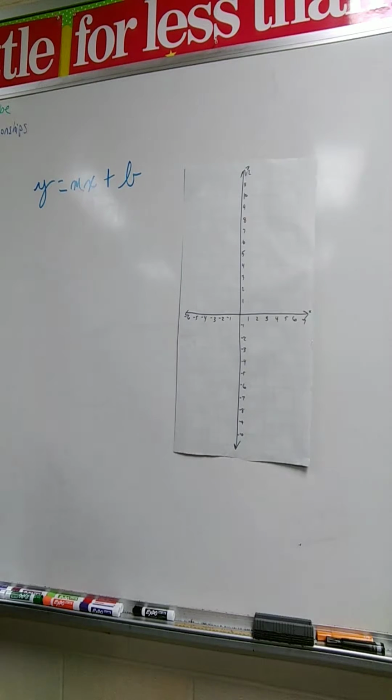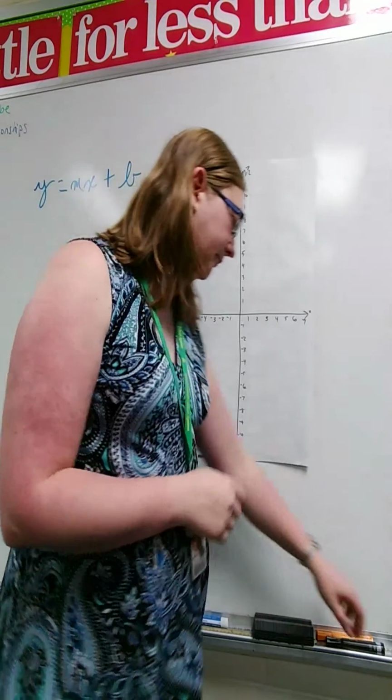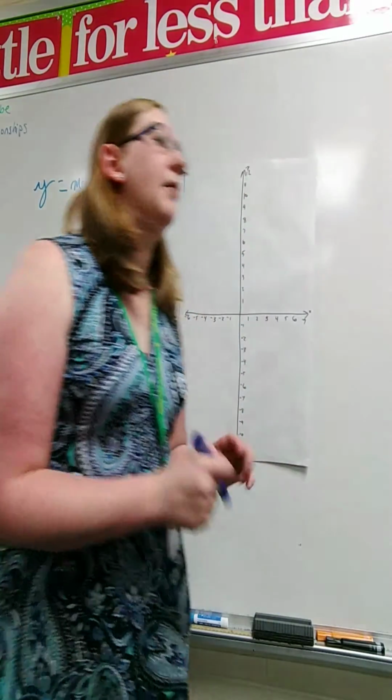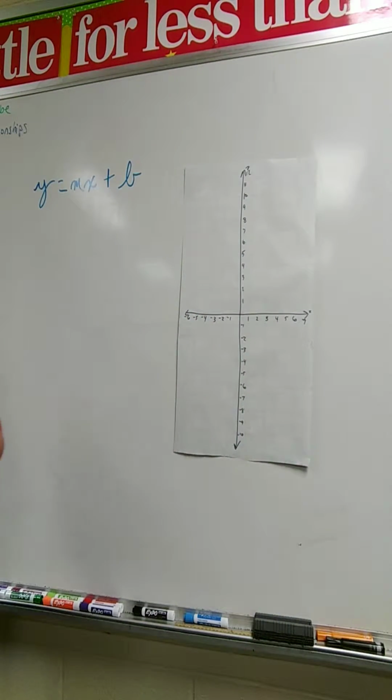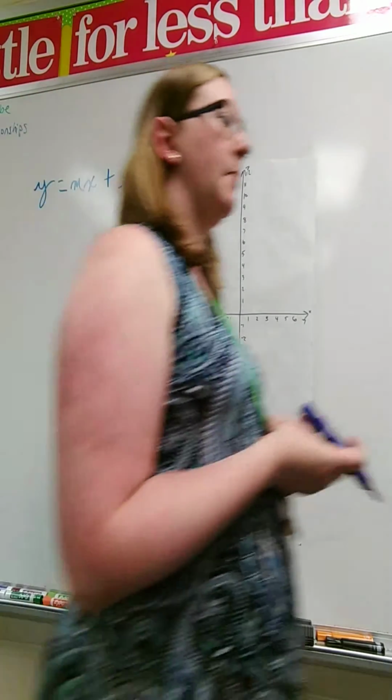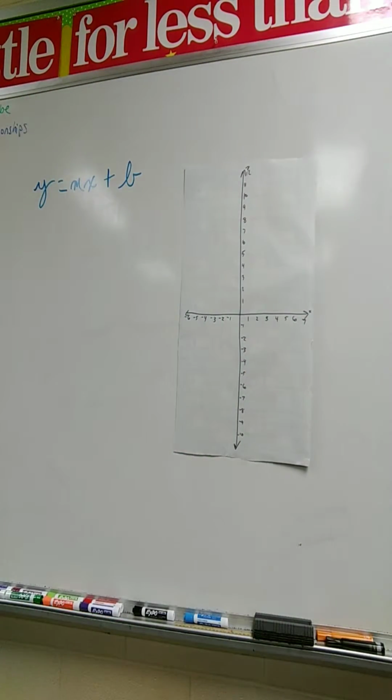We are told that we have the equation y equals x. If I have y equals x, what is my slope? 1. Okay? So that means that for each unit I go up, I go over 1, correct?